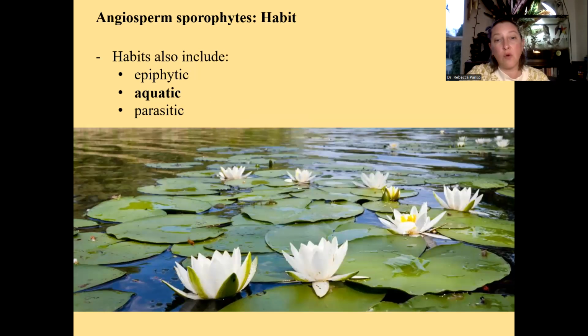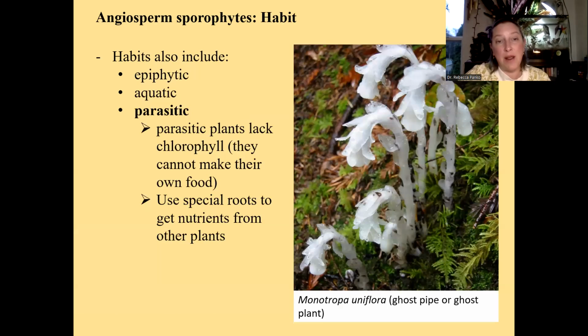Another habit is aquatic habit. Some of those might be only herbaceous. Some of those might be woody. And then parasitic plants. So parasitic plants are usually non-woody. I don't think I've ever seen a woody parasitic plant. So they're mostly herbaceous. But what makes them cool is they lack the green pigment chlorophyll.